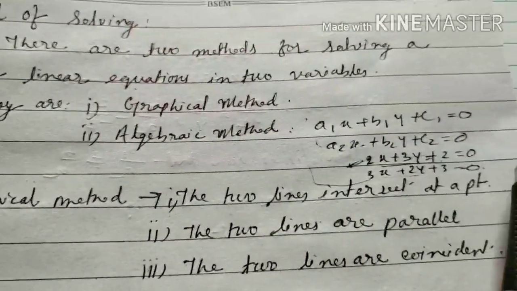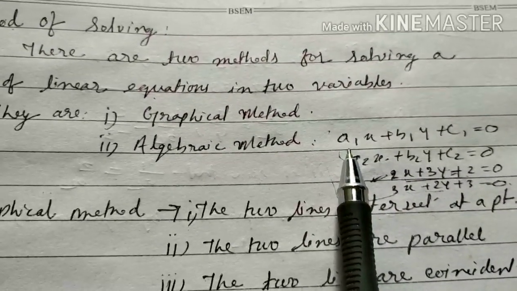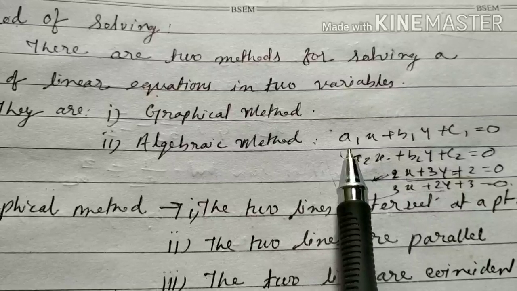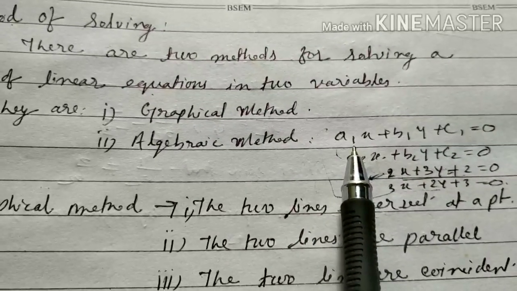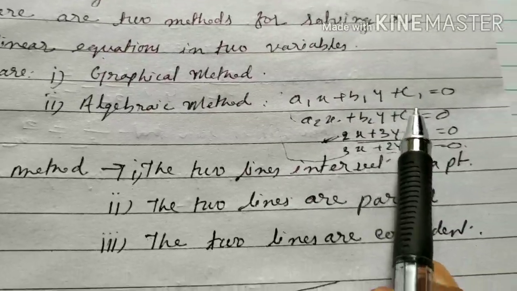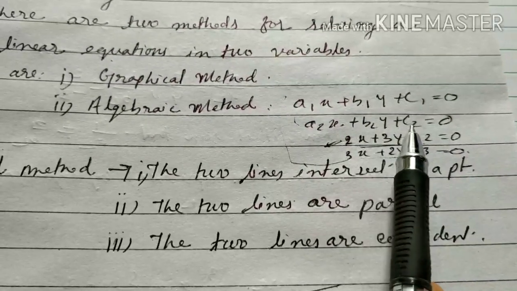I have already given you the general form of a linear equation in two variables. The general form of a pair of linear equations in two variables is represented by a1x plus b1y plus c1 equal to 0, and the other one is a2x plus b2y plus c2 equal to 0.